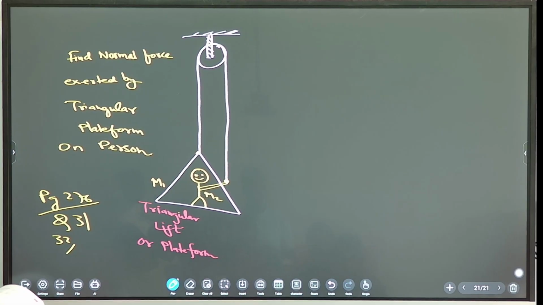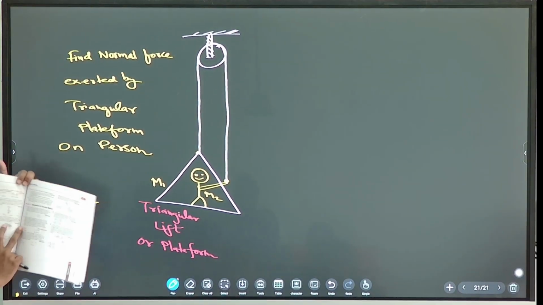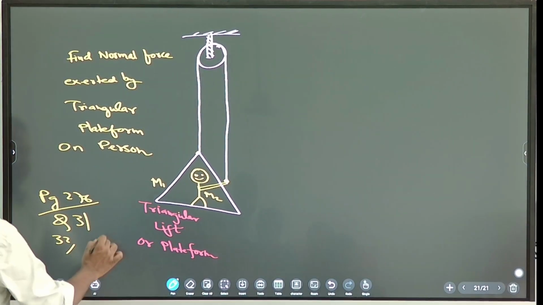The 12th question is there. The three blocks are there. Page 288, question 12.